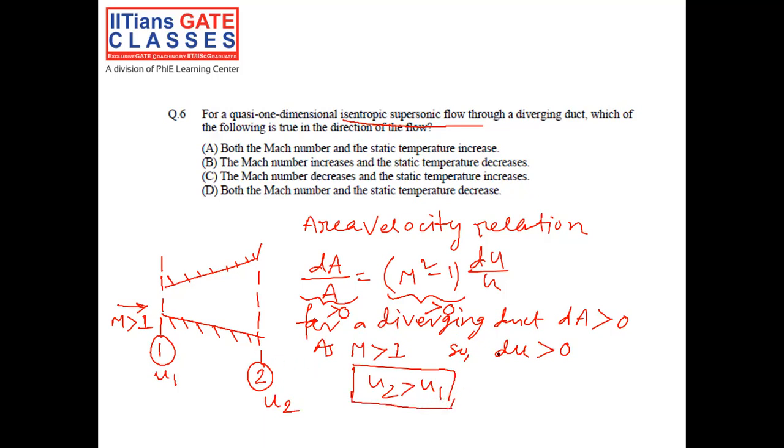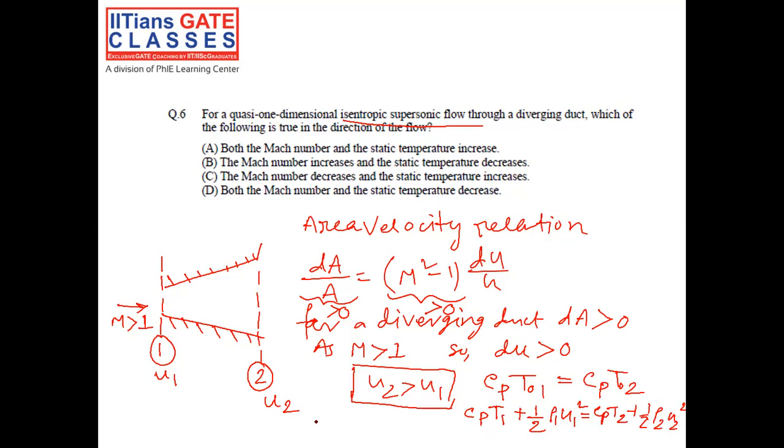Now as the flow inside the duct is reversible adiabatic, the total energy will be conserved in the duct. So the total energy at the inlet, which is CpT1 plus the kinetic energy, half u1 square, will be equal to the total energy at the exit of the duct, CpT2 plus half u2 square.